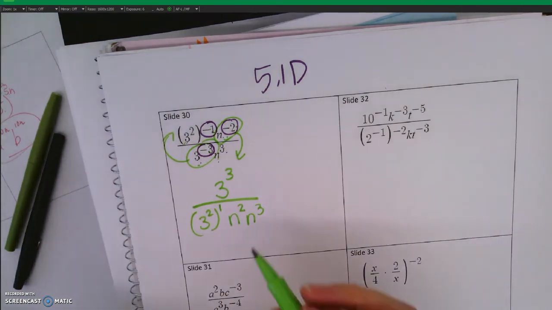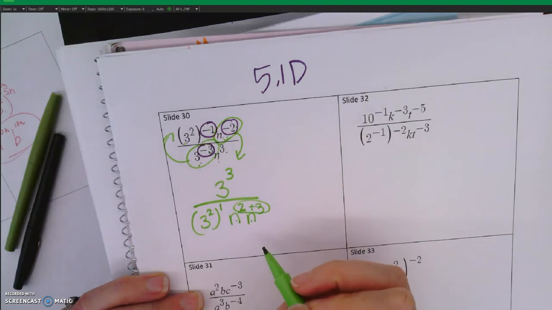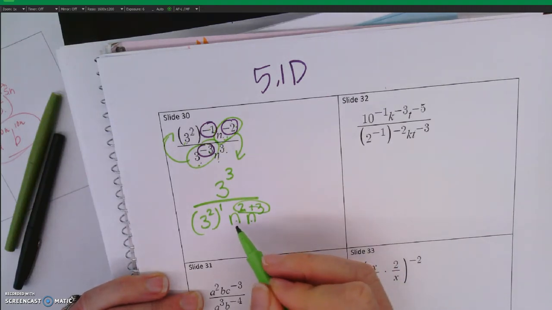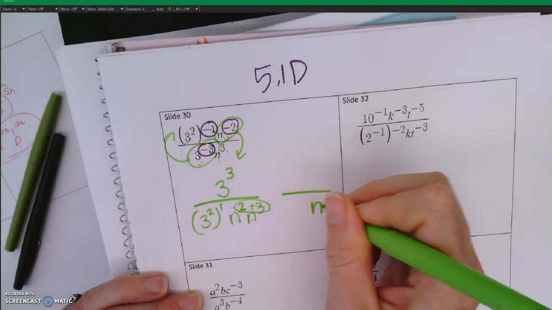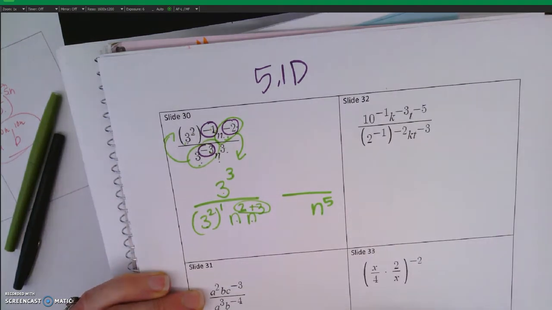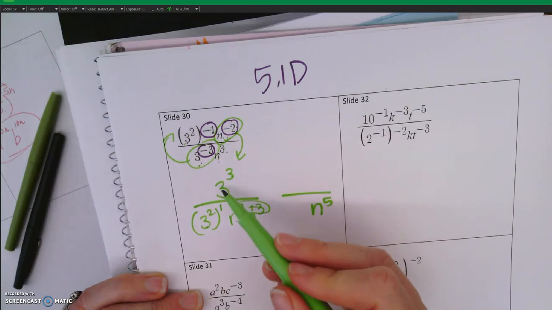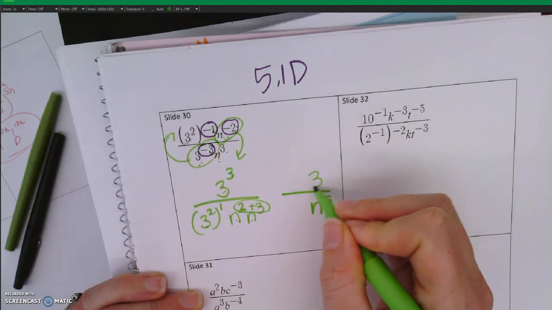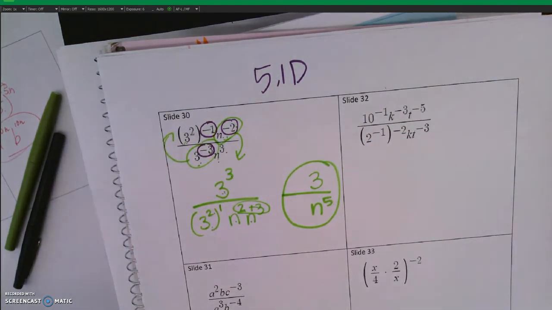From here now we can add these exponents because it's a product of powers, and we have a total of n to the fifth. And here, this is 3 to the second, and this is 3 to the third. You might think about simplifying, but we can use our exponent properties here as well and say there's going to be 2 factors of 3 and 3 factors of 3, so we'll end up with 1 factor of 3 in our numerator. And there's our answer for slide 30.